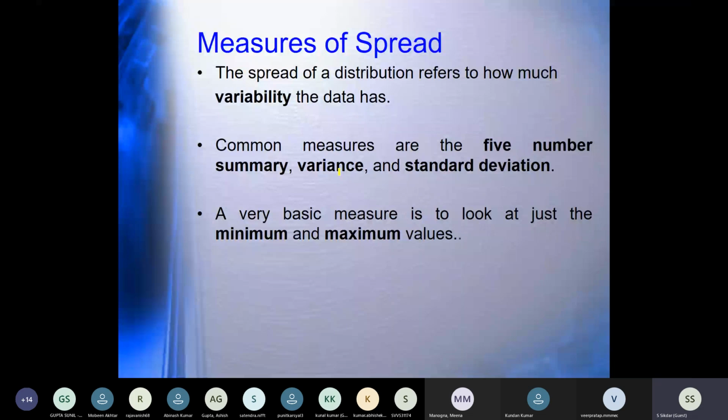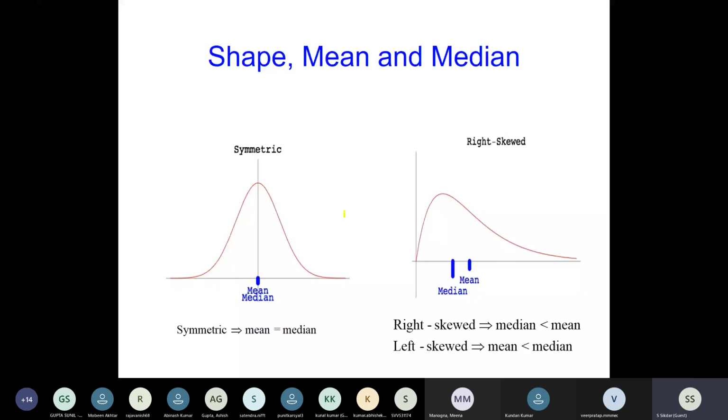We already talked about this. As I said, if it is a symmetric curve, then mean and median both fall on the same point. But if it is right skewed, that means the tail is further this way, and most of the data fall on the other side.